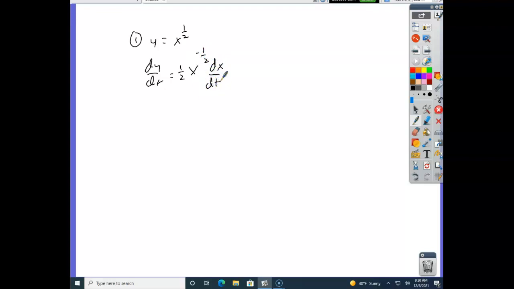Okay, now I get to plug the stuff in, right? dx dt is 3. x is equal to 4, so that's 1 over the square root of 4. 1/2 equals dy dt, which is what I'm looking for. Am I making sense? All right. So dy dt is equal to 1/2 times 1/2 times 3, which is 3/4.